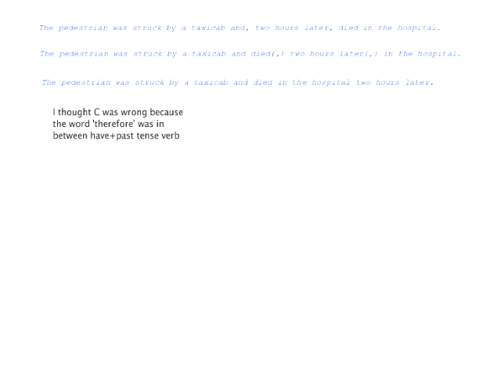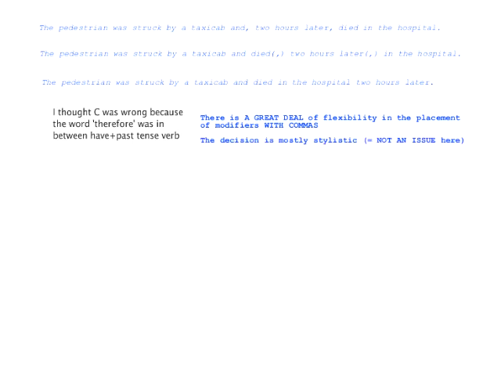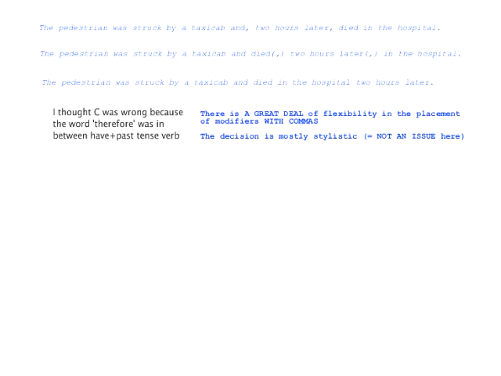A great deal of flexibility in the placement of modifiers with commas. And the decision is mostly stylistic. And what that means for you is that it is not an issue here, because style issues are not tested.